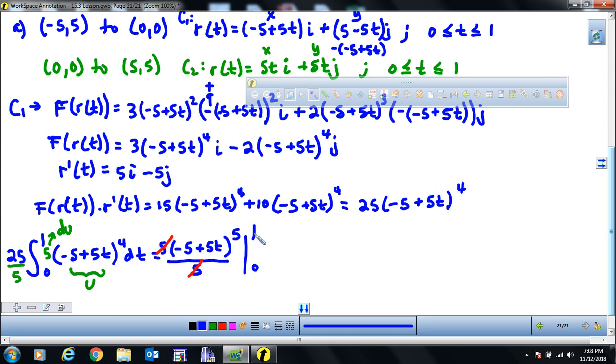So then you get evaluated at 1, negative 5 plus 5, it's going to be 0, minus evaluated at 0, so that will give me negative 5 to the fifth power, which is negative 3,125.